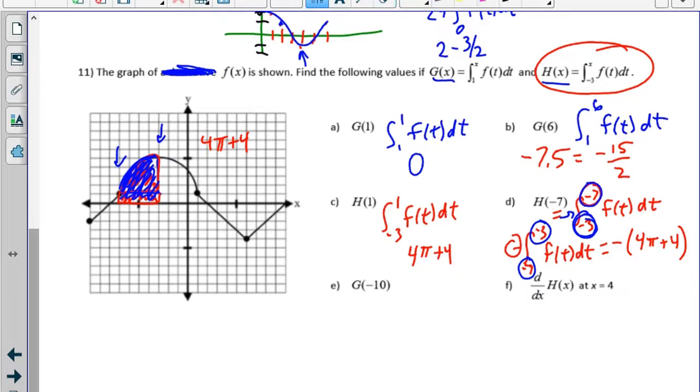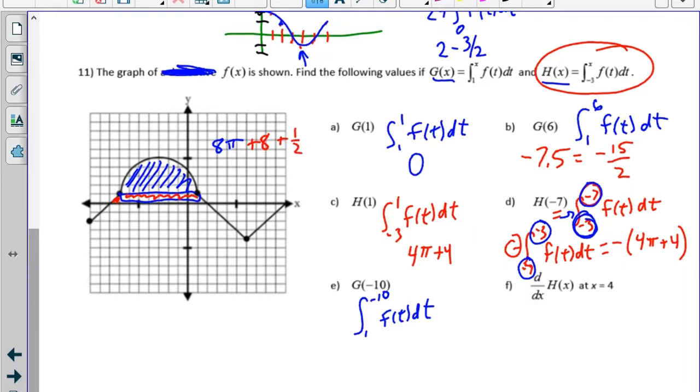Letter E, g of -10. That's the integral from 1 to -10 of f of t dt. So based on what we just learned, if I go from 1 to -10, I have this entire semicircle, which is 8 pi, this entire rectangle, which is 8, plus that triangle.